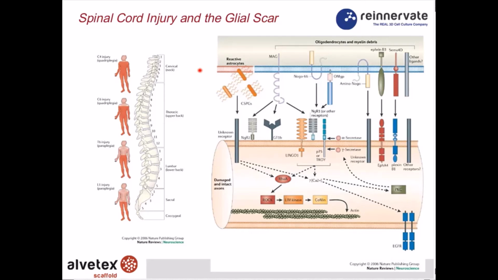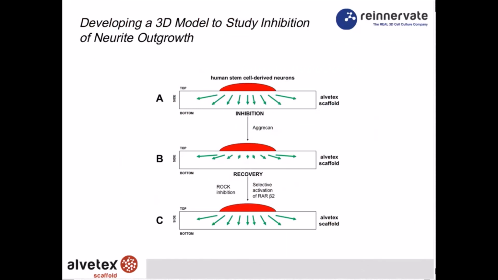So we can develop this experiment. We take our human neurosphere, neurites growing out, we then take a scaffold, we coat it with aggrecan, and we hypothesize that we'll get suppression of neurite outgrowth.